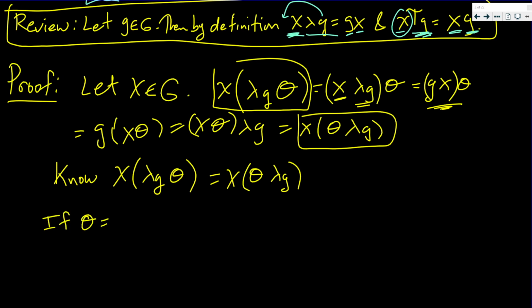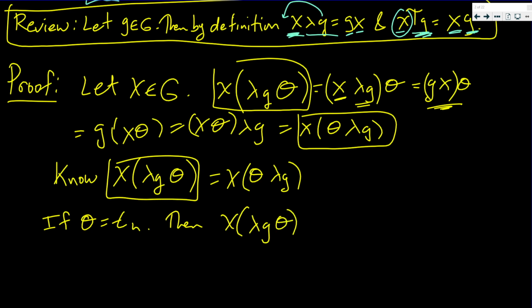Now, if theta is tau sub h, if that is true, then let's look at this side. Then x lambda g theta is x lambda g tau sub h for some h in G. And this is x lambda g times tau h.